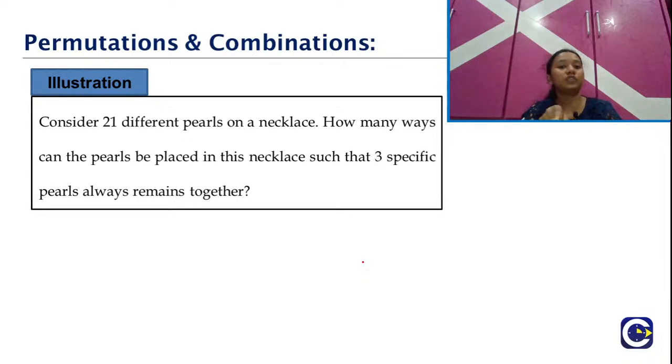Here you have to identify, they are talking about a necklace with pearls. Same concept, just how we have solved it.